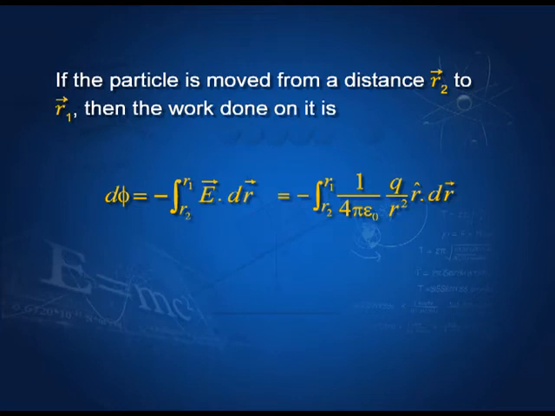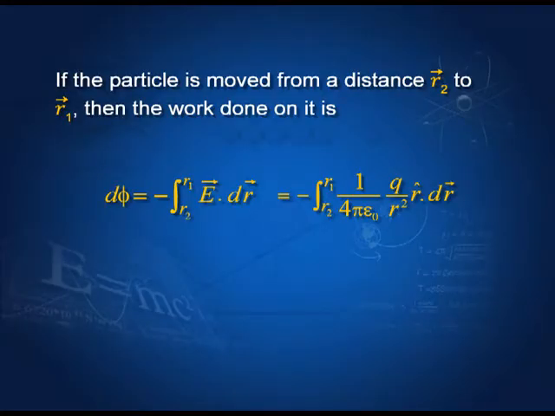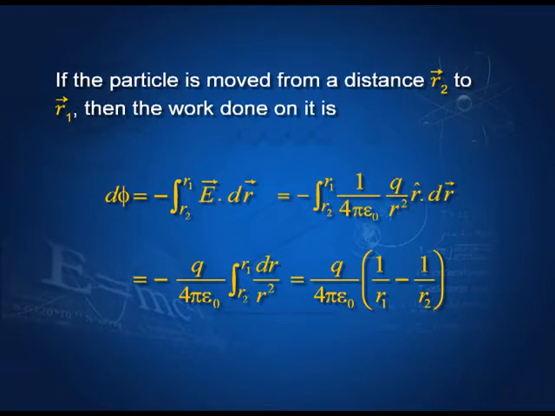If the particle is moved from a distance r 2 to r 1, then the work done on it is d phi equal to minus integral from r 2 to r 1 of E dot dr. And if you carry out this integral after substituting the value of E, which is 1 by 4 pi epsilon 0 q by r squared r cap, dot dr, then integrate, we get q by 4 pi epsilon 0 times 1 by r 1 minus 1 by r 2.